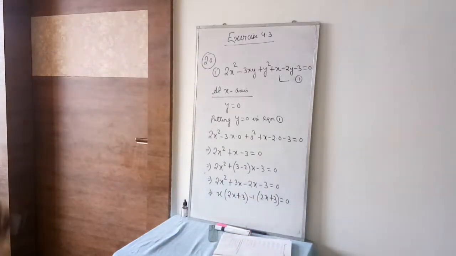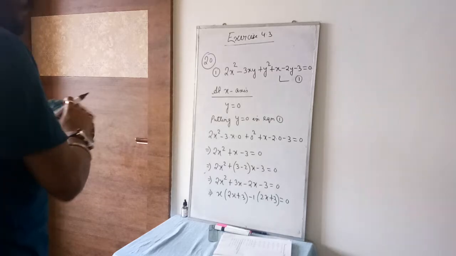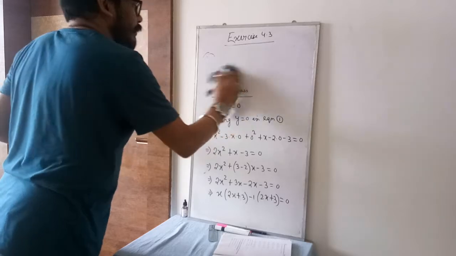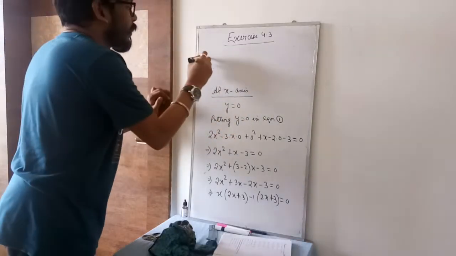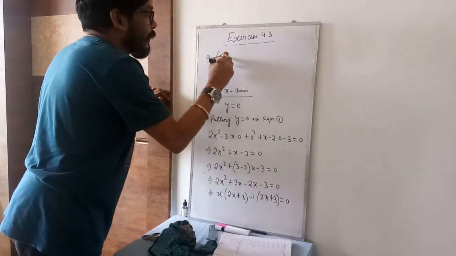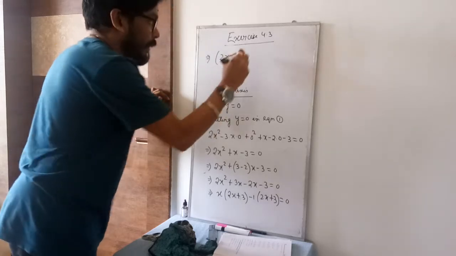So take the screenshot. Taken. So let me wrap this part. So what you got? You can take 2x plus 3 again common, then it is x minus 1.